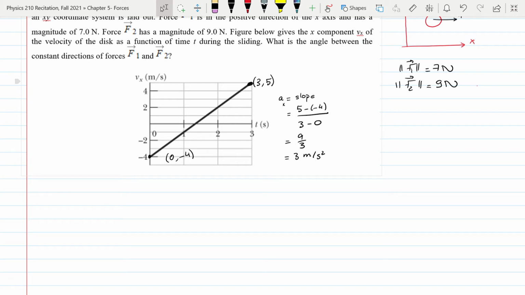What we're interested in is the angle. But to find the angle, let's consider Newton's second law, which applies in this situation, which says that the sum of forces is equal to the mass times the acceleration. And let's apply this to the x direction.